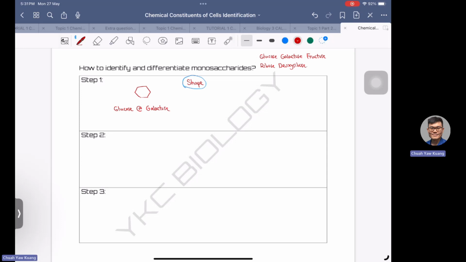But if the sugar is showing a pentagon, let me draw it, might be a pentagon like this, then it will be either fructose, ribose, or deoxyribose.